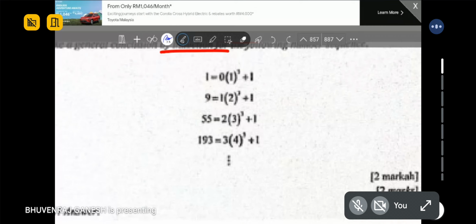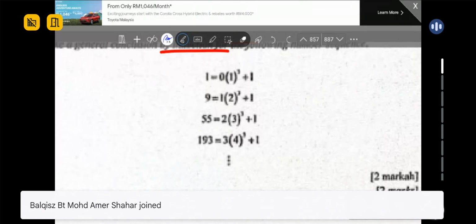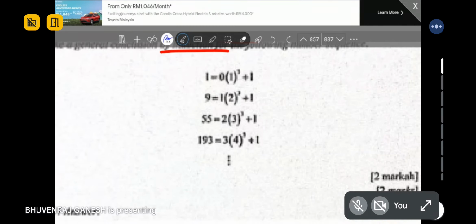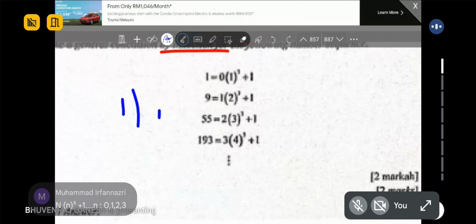Not correct. Itu bukan jawapan dia. Try again. Cuba lagi sekali. Anyone else? Ada clue? Do you have a clue? Any other tries? Cuba. Yang lain pun cuba. Macam mana buat kesimpulan? How to make the conclusion?